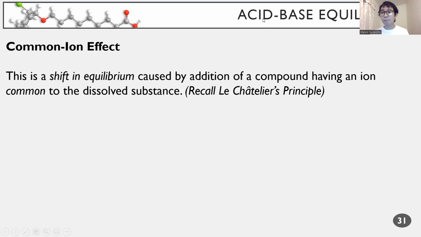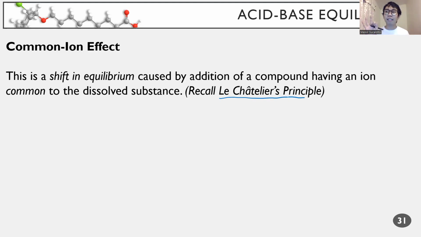At this point, we will be looking at what we call common ion effect. So for this case, you have to remember the principle we learned from our last meeting, which is Le Chatelier's principle. Diba, from Le Chatelier's principle, we looked at 4 different factors. One is changes in concentration. The other one is changes in pressure or volume.